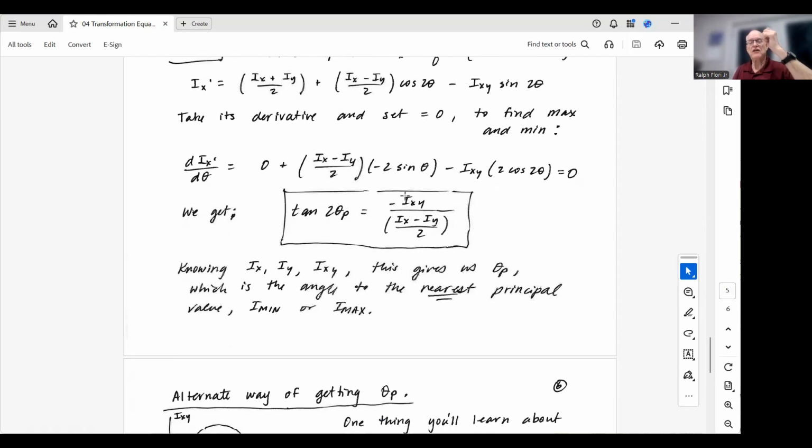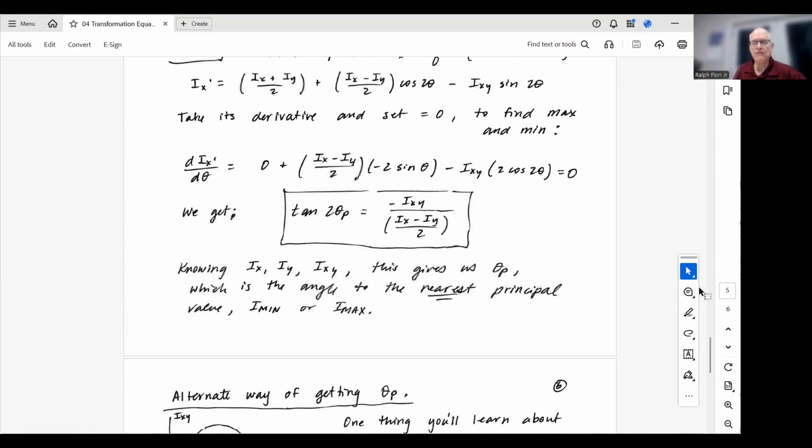So we take our current Ixy, our current Ix, and our current Iy, and we can calculate a theta p, which is the angle from our x-axis to the nearest principal, the nearest max or min. I'll show you some example problems that show that to you.